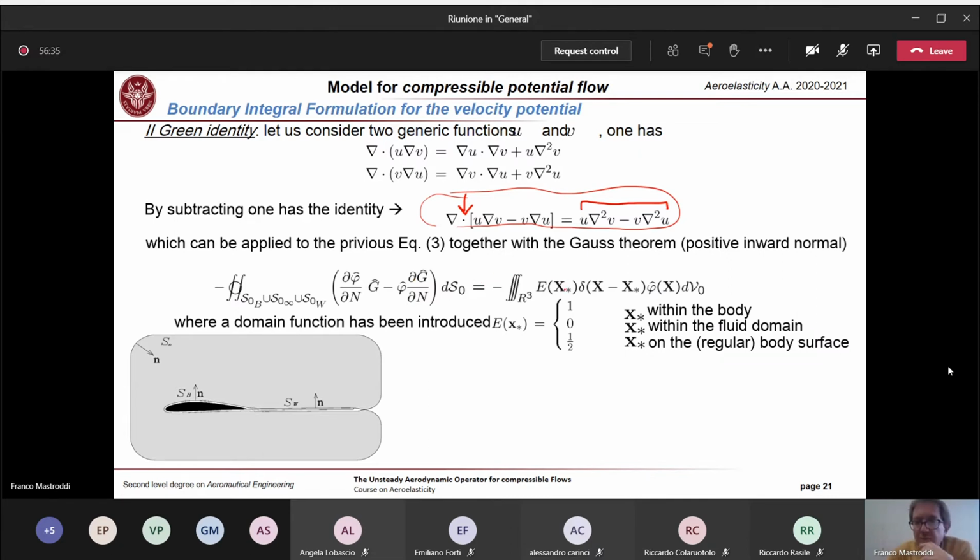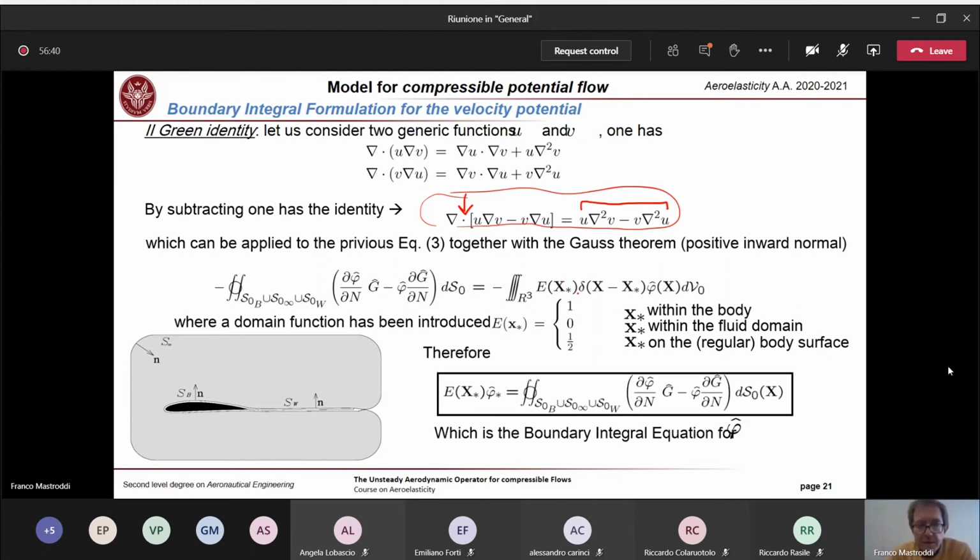The standard domain function that you know very well, and so on. And at the end, we have this. The domain function in the Prandtl-Glauert space applied to my strange variable, phi hat, is equal to an integral on the boundary of the body, at infinity and on the wake of such a quantity here.